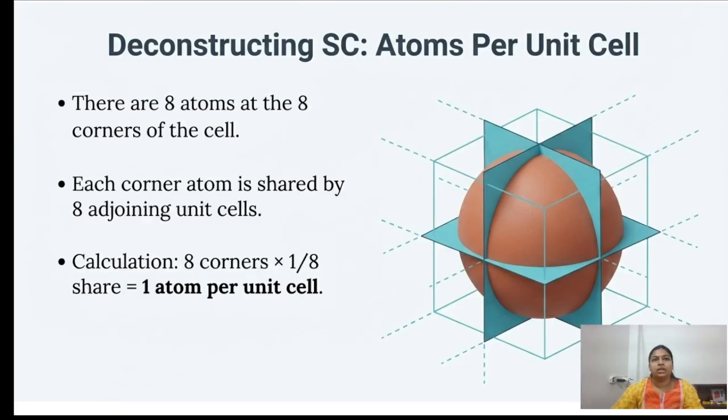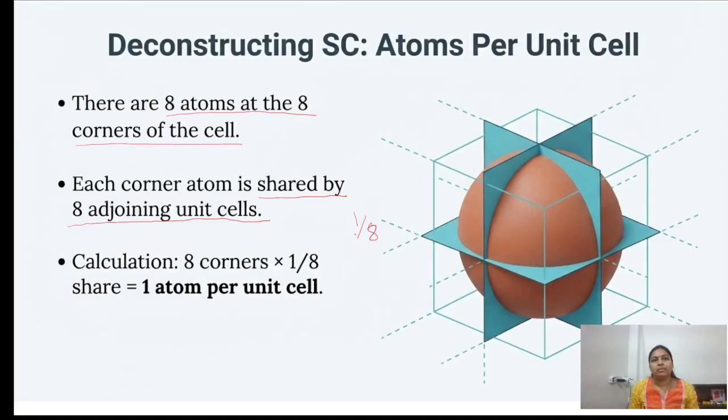We know that in a cubic cell of a simple cubic lattice there are 8 atoms at the 8 corners of the cell, and each corner atom is shared by 8 adjoining unit cells, so the share of each corner atom in a unit cell is 1 divided by 8 of an atom.